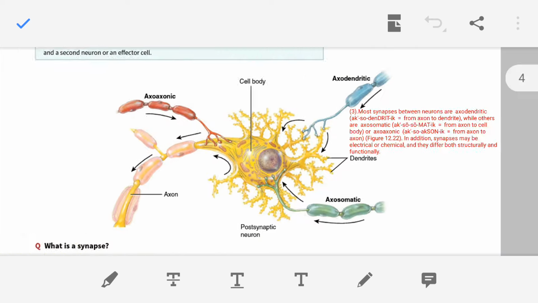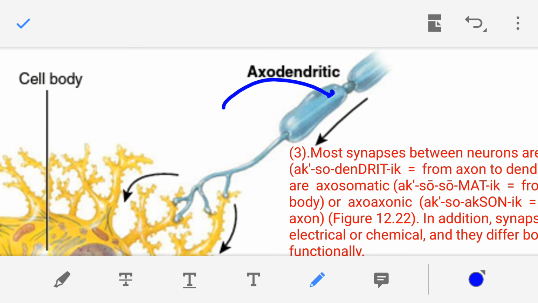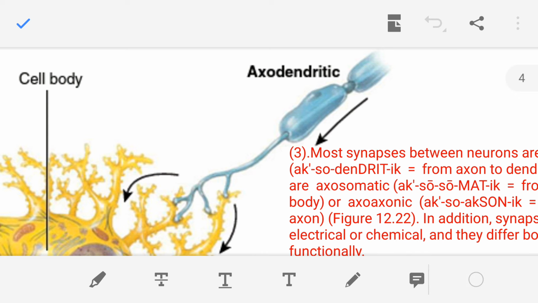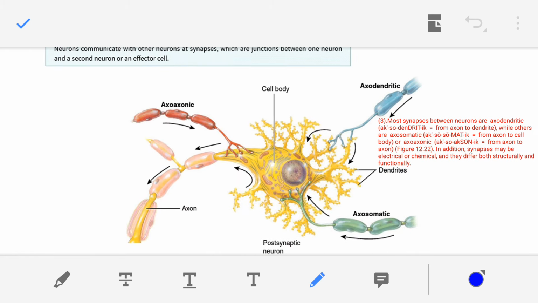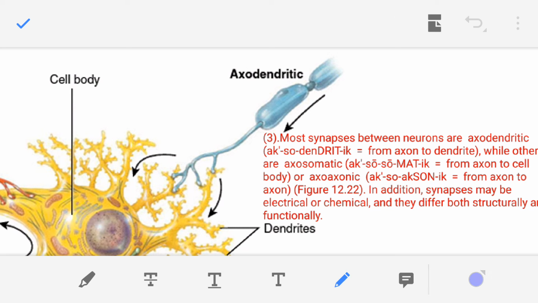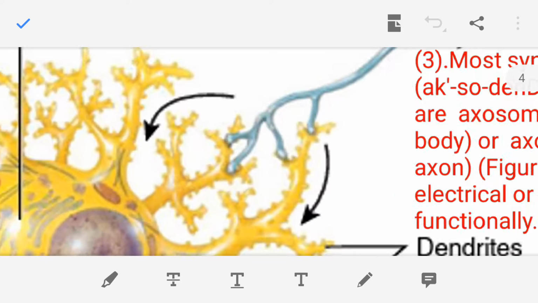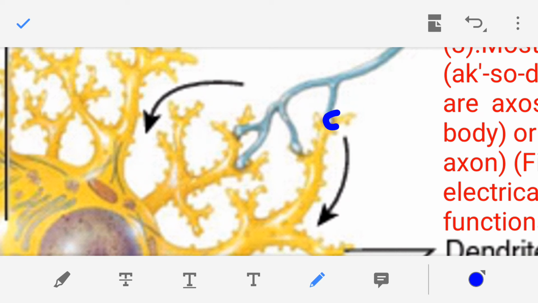So in this figure, this is the axon of the presynaptic neuron. This neuron is the postsynaptic neuron. These yellow-colored structures are the dendrites of the postsynaptic neuron. These are all axon terminals. Then these are the synaptic end bulbs.